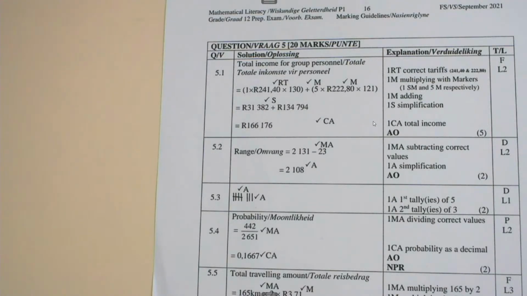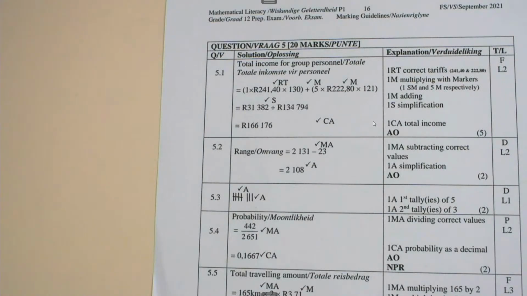Which is 31,382 rand for senior marker, and then 134,794 rand for 5 markers, and then all in all, they will get 166,176 rand.